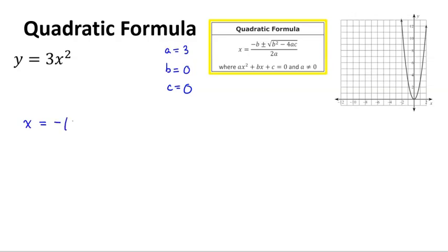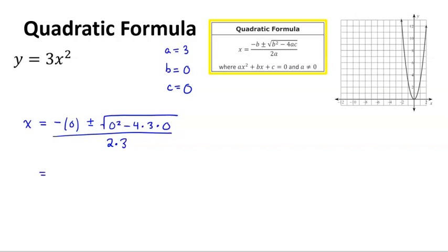I have negative B, which is 0, plus or minus, and then I have 0 squared minus 4 times A, which is 3, times 0. So that whole thing's going to be 0. And then I'm dividing this by 2 times A value, which is 3.